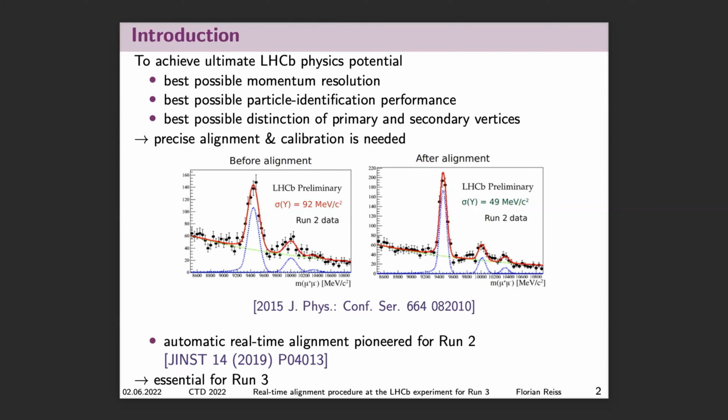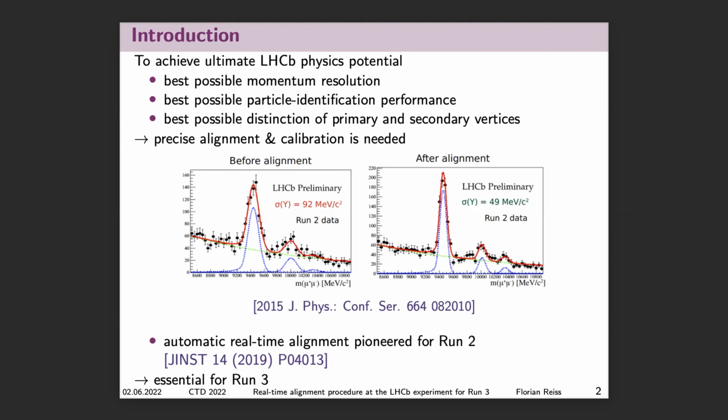We need to have, of course, the best possible momentum resolution and the best possible PID performance, and also the best possible distinction between primary and secondary vertices, since we typically trigger on displaced signatures, and for this we need a very precise alignment and calibration procedure.